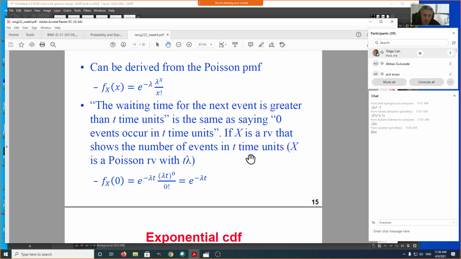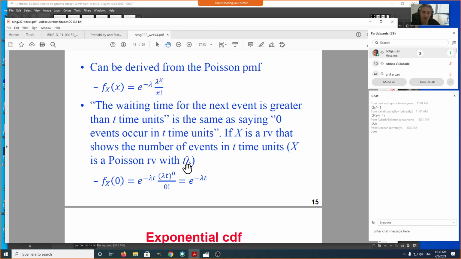For example, if lambda is given to us as the average number of events in 1 minute, and t is 10 minutes, what is the probability that I will have to wait 10 minutes until the next event? It is now a Poisson random variable with t times lambda, right? In 10 minutes, I have to multiply my given lambda by t, which is the average number of events that occur in 10 minutes.